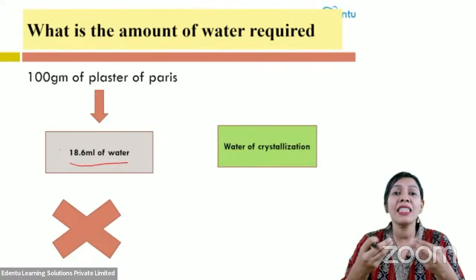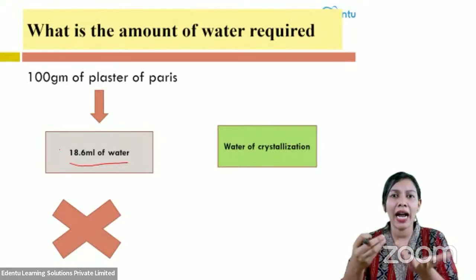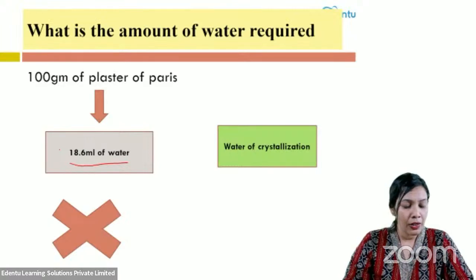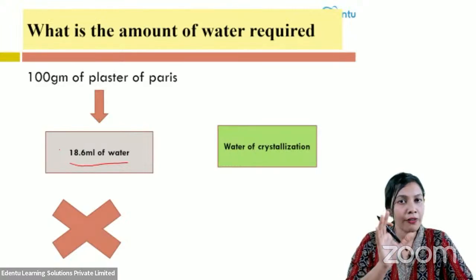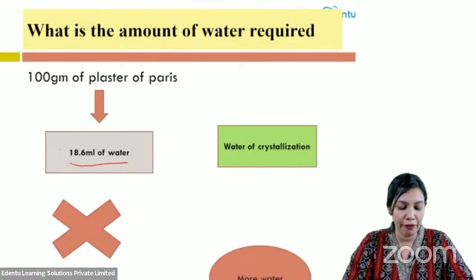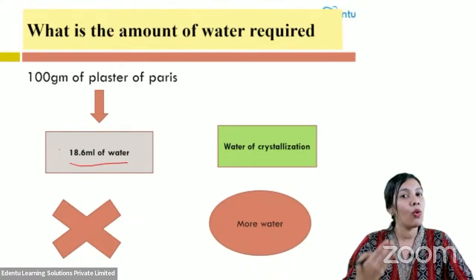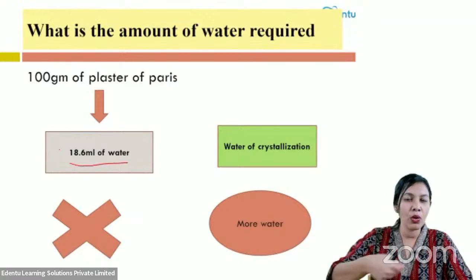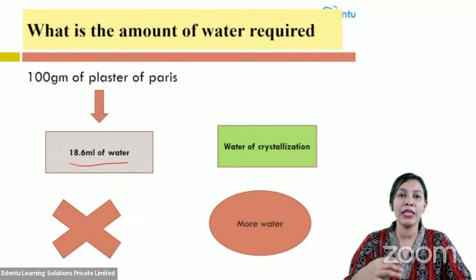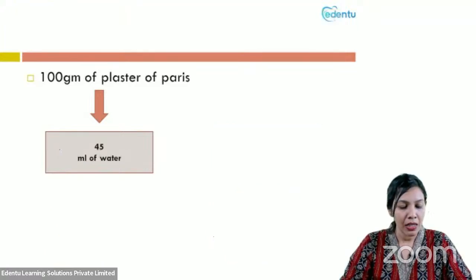There should be some excess water, so that there is flow of the material and we get a less viscous material. The complete set needs about 18.6 ml of water, the water of crystallization, but we need more water so that it is more flowable and can easily move into the mold.